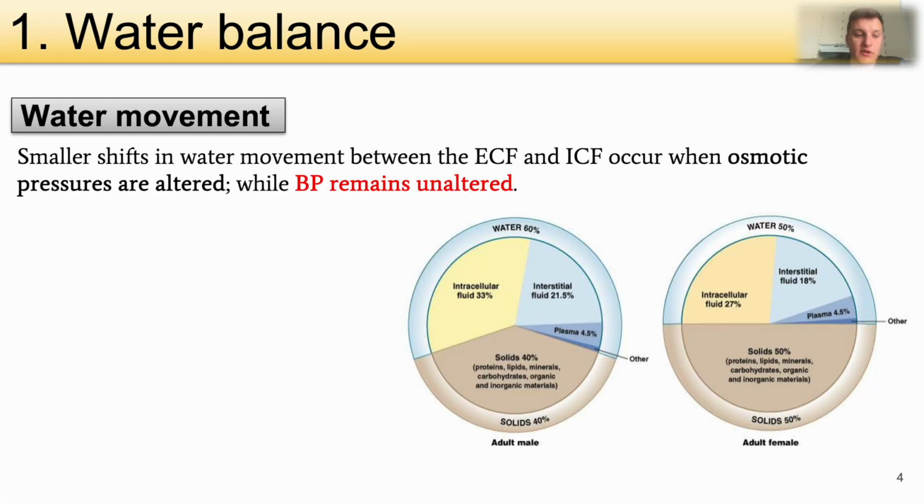Smaller shifts in water movement between the ECF and the ICF occur when osmotic pressures are altered. When we have differences in osmotic pressure, we get these shifts, and blood pressure remains unaltered.